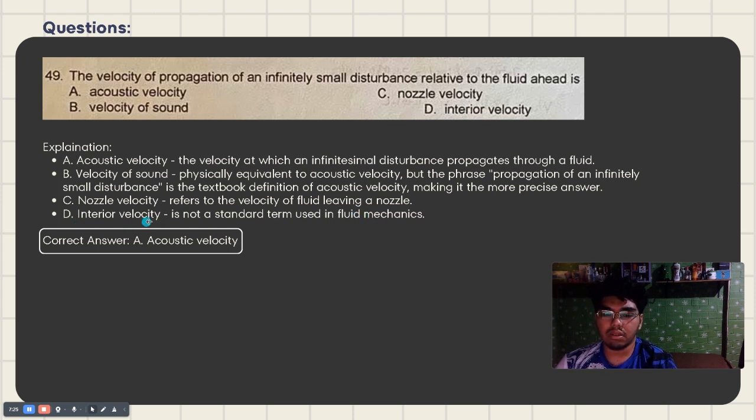D. Interior velocity is not a standard term used in fluid mechanics. So, in the explanation, the hint in letter B is that the phrase propagation of an infinitely small disturbance is a textbook definition of acoustic velocity. So, for this number, the correct answer is letter A, acoustic velocity. The velocity at which an infinitely small disturbance propagates through a fluid.